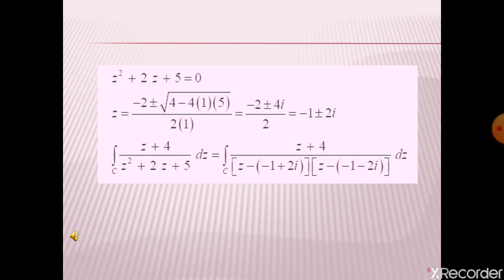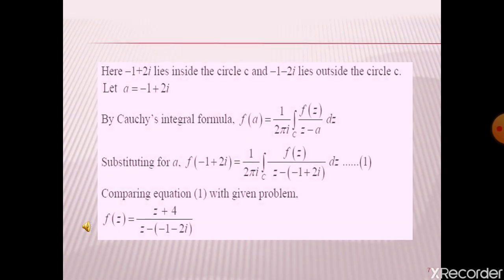And again I am writing z² + 2z + 5 as a product of two linear terms. The denominator consists of 2 points, -1 + 2i and -1 - 2i. In this, -1 + 2i lies inside the circle C and -1 - 2i lies outside the circle C. So we consider the inside point in the denominator and take the outside point in the numerator.